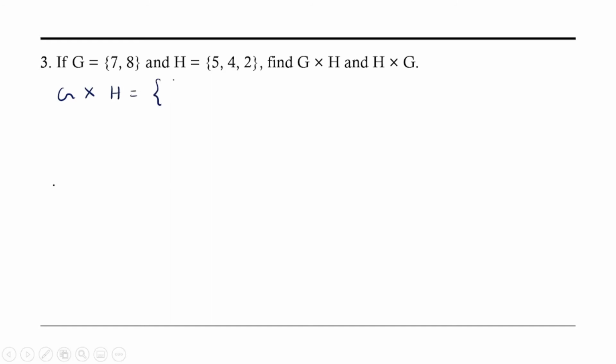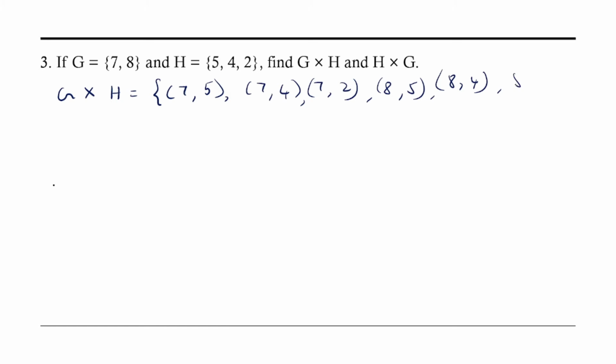G cross H: for the first ordered pair, we take the first element of G and then an element of H. So it will be the ordered pair (7, 5), then (7, 4), then (7, 2), then (8, 5), (8, 4) and (8, 2).